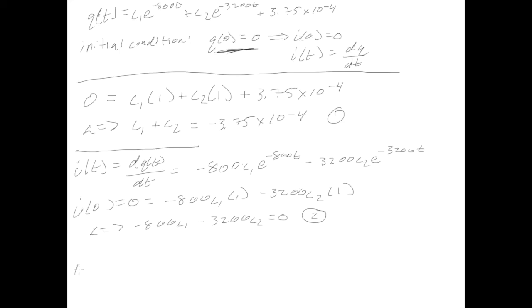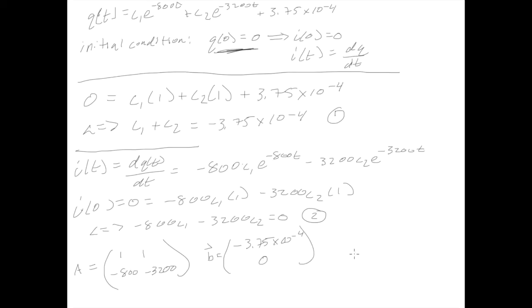I'll call my coefficient matrix A. We'll take the first equation first: 1, 1, the coefficient of C1 and the coefficient of C2, and then for our second equation, the coefficient of C1 is negative 800, and the coefficient of C2 is negative 3200. Then the right-hand side matrix, or the answer vector, is negative 3.75 times 10 to the negative fourth for the first equation, and for the second equation, it's just 0.